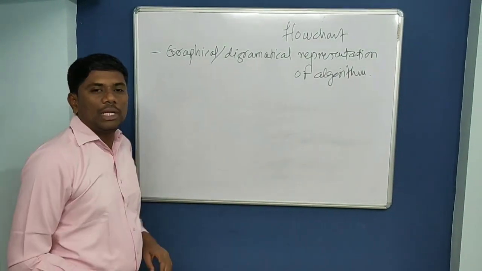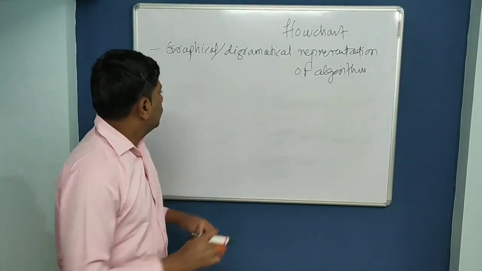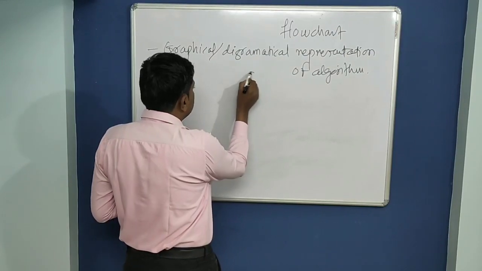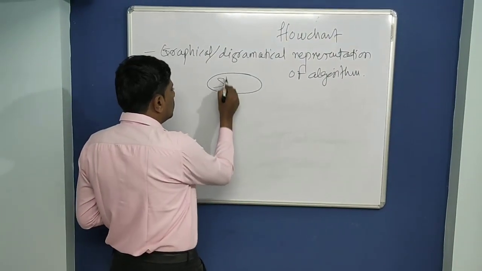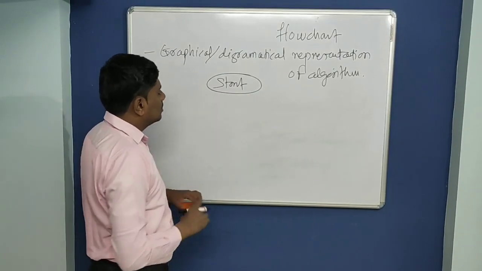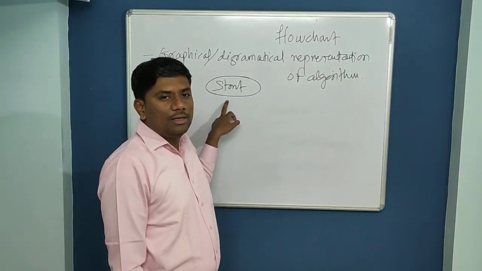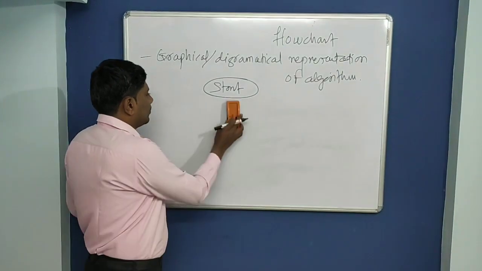What was the first step in the algorithm? That was start. For start you should use this symbol. So the start step can be represented by using this particular symbol.